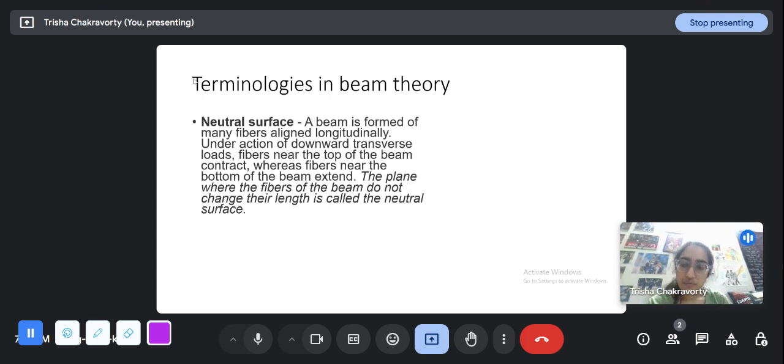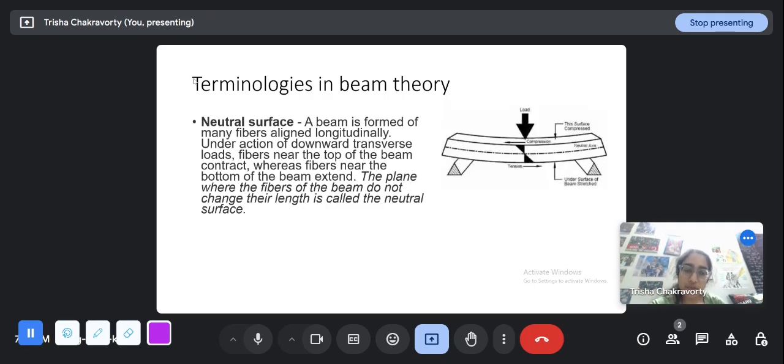Under the action of downward transverse loads, fibers near the top of the beam contract, whereas fibers near the bottom extend. If the force is downward, the beam will sag. This is called a sagging moment being developed in the beam. We can visualize that the topmost fibers are going to compress and shorten a little bit, and the bottom fibers are going to elongate.